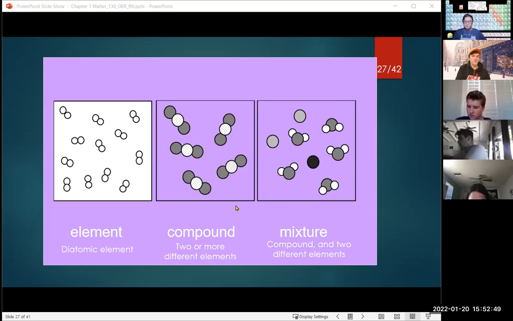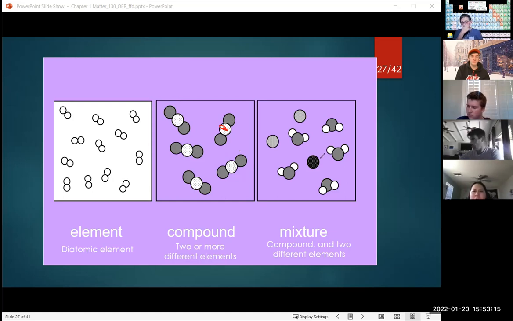In the middle, that represents a compound where you have two or more different elements combined. It looks like the clear one is the central atom, the way it's drawn. We've got the central atom here, the white one right here, and whatever this gray part could be is bonded to the central atom, okay?